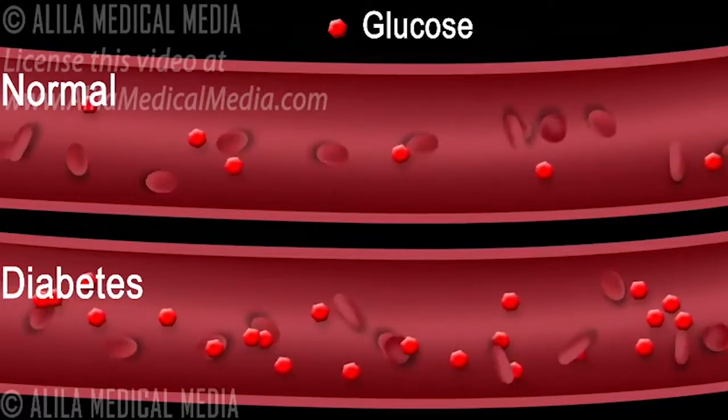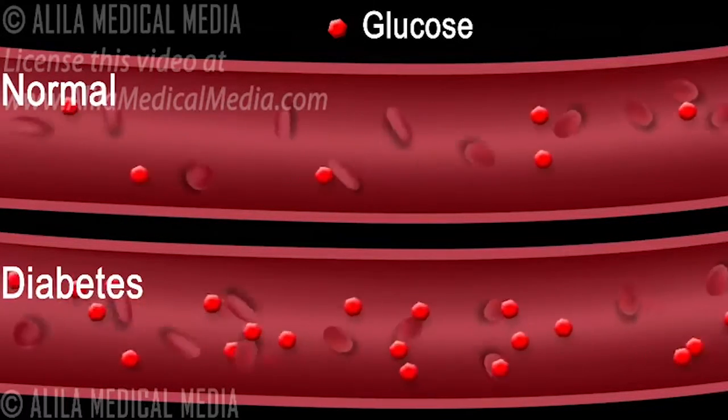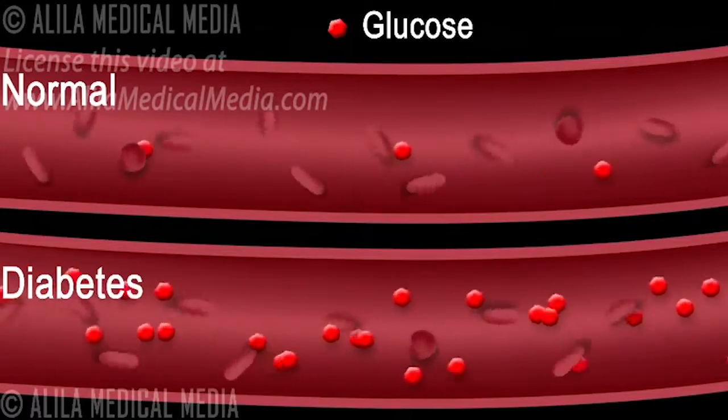In fact, in our clinical practice, we have seen newly detected diabetes going up to an HbA1c of 16-17% also. So newly detected uncontrolled diabetes is one of the very common reasons for a high HbA1c.